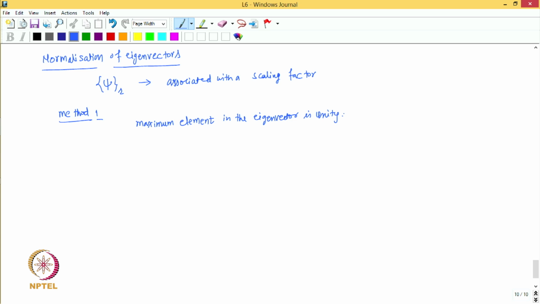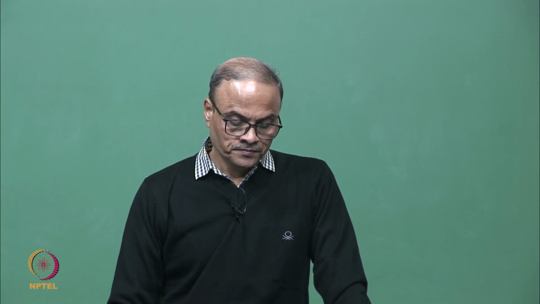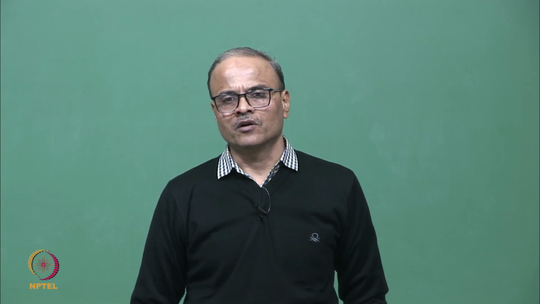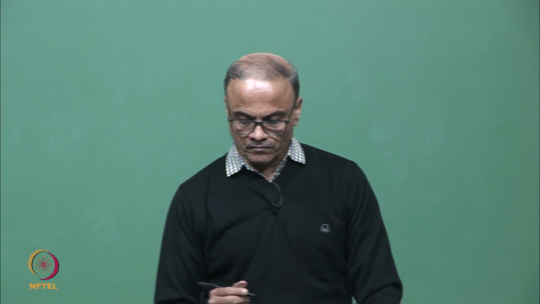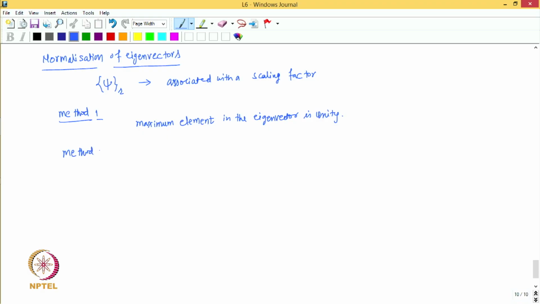So, to scale it in this manner, what we do is check which is the maximum element and divide the whole eigenvector by that element. This basically forces the maximum element to occupy unity value, and all the remaining elements occupy a value less than that, right. The other method that can be used is to have the length of the eigenvector as unity.